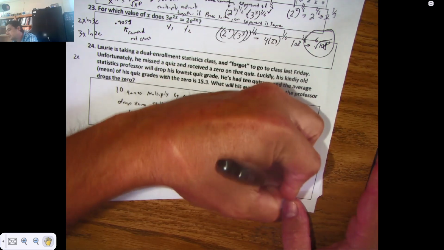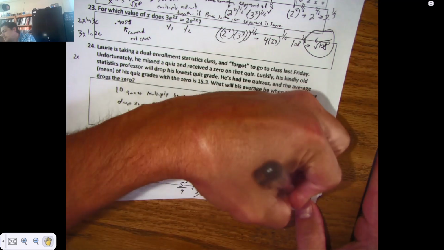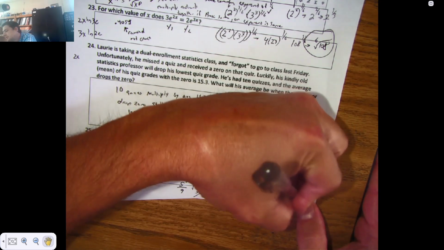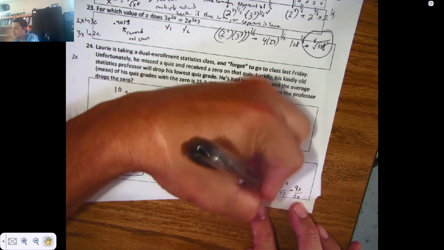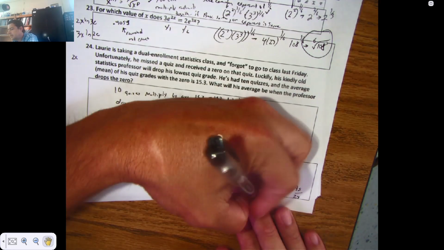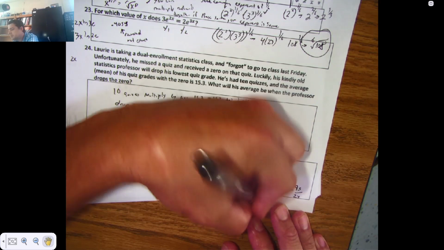In order to add or subtract two fractions, you have to have a common denominator. That's just the way it is. Minus 9s over 27. Hope you see that. I 9 the bottom, I 9 the top. And now I could say this is s cubed minus 9s, both pieces sitting pretty over 27.